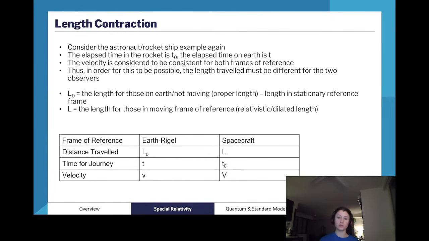Because if they do that, then the length that they travel will seem shorter, and the time that they travel in will also seem smaller. Right?